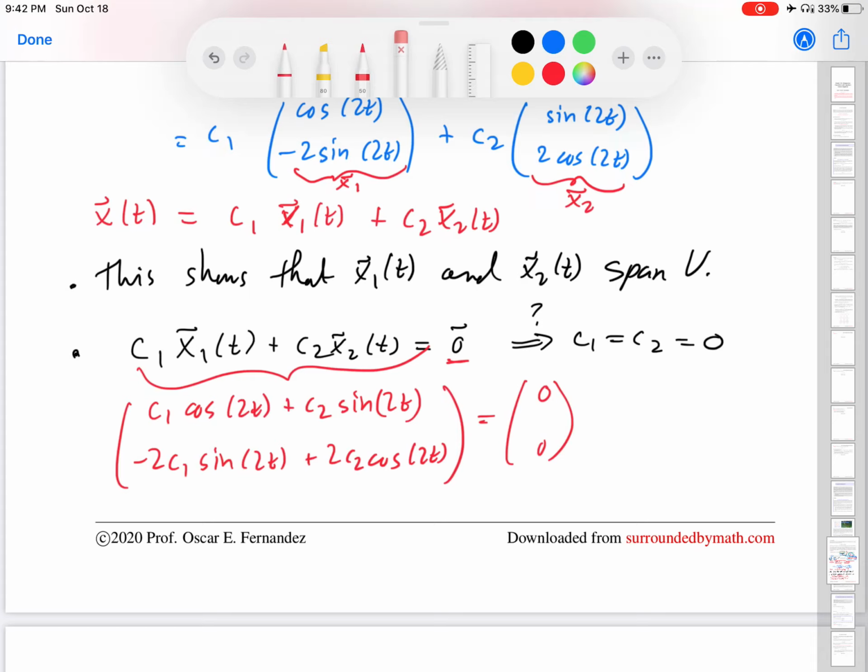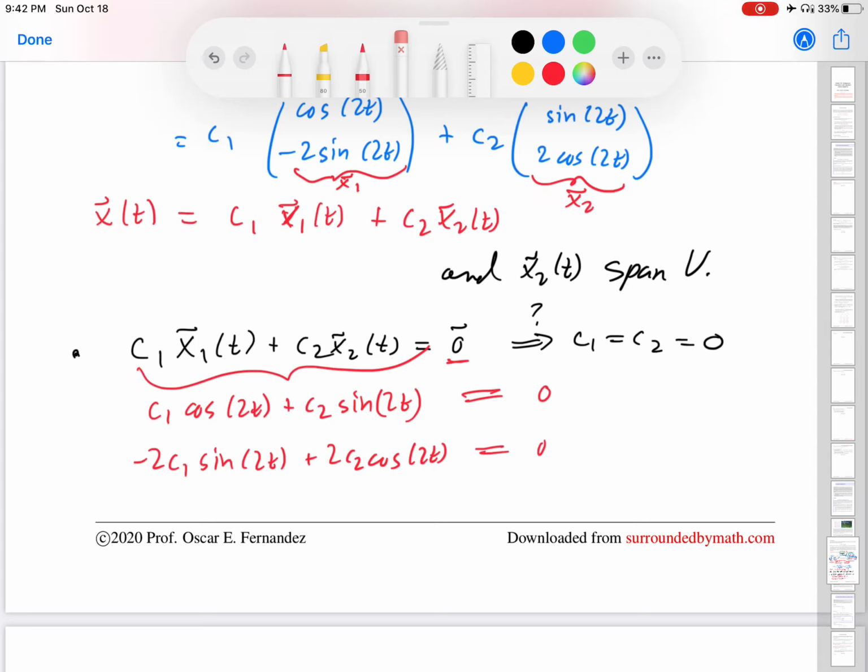If I look at each row independently, that's basically like removing the vectors and generating these two equations. So now the next step that I want to do is solve for c1 and c2.